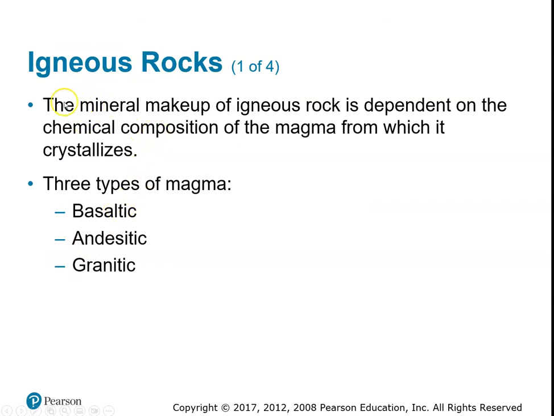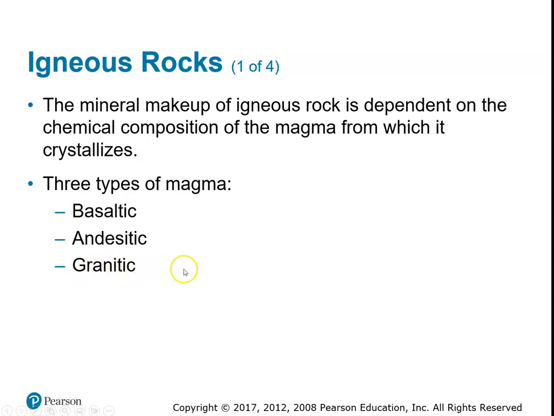All right. So when we look at the types of magma around the world, there are basically three types. There's basaltic, which will become basalt. We find this at the ocean basins. Let me start with the next one, skipping andesitic: granitic.